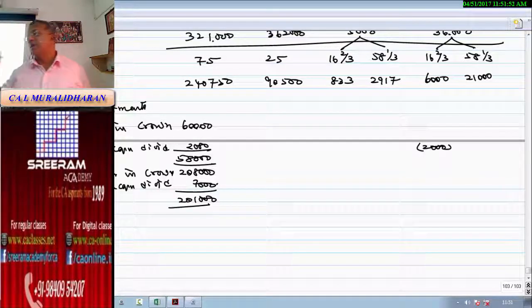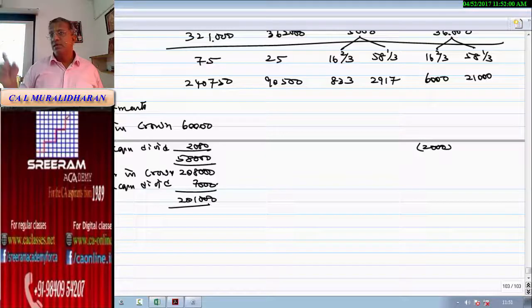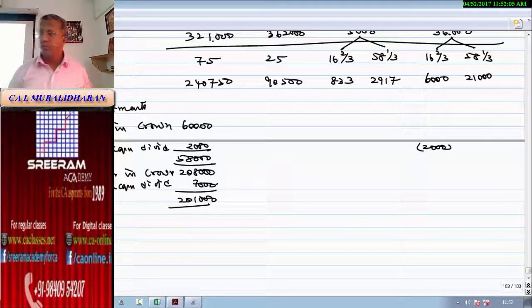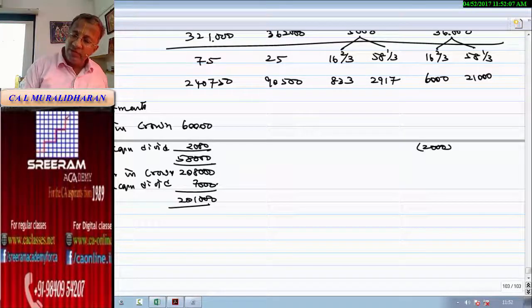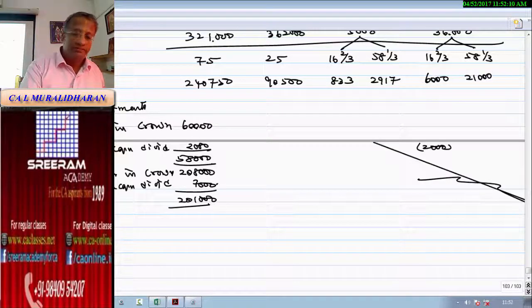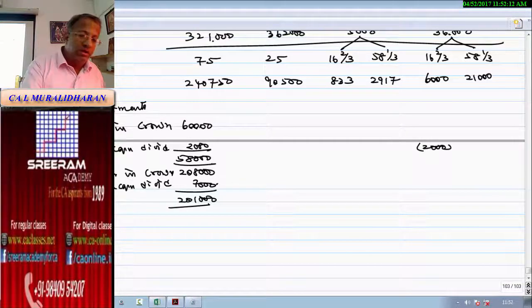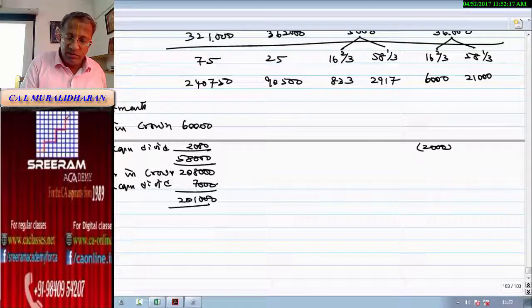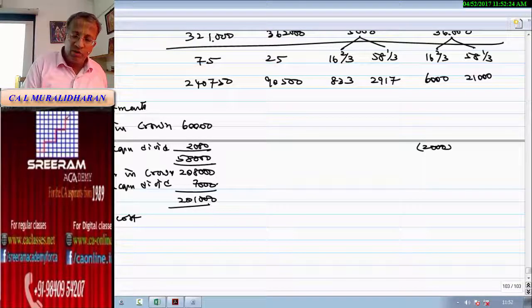This 7,000 we have already deducted from P&L account. Remember, from 1 lakh and 20,000 we have made it as 1 lakh and 13,000. In that chart we will not take up 1 lakh 20,000; we will take up 1 lakh 13,000. So therefore here 7,000 I will not deduct. Are you understanding, all of you? Now, total cost will be 2,59,000. So this we will take to the outer column.